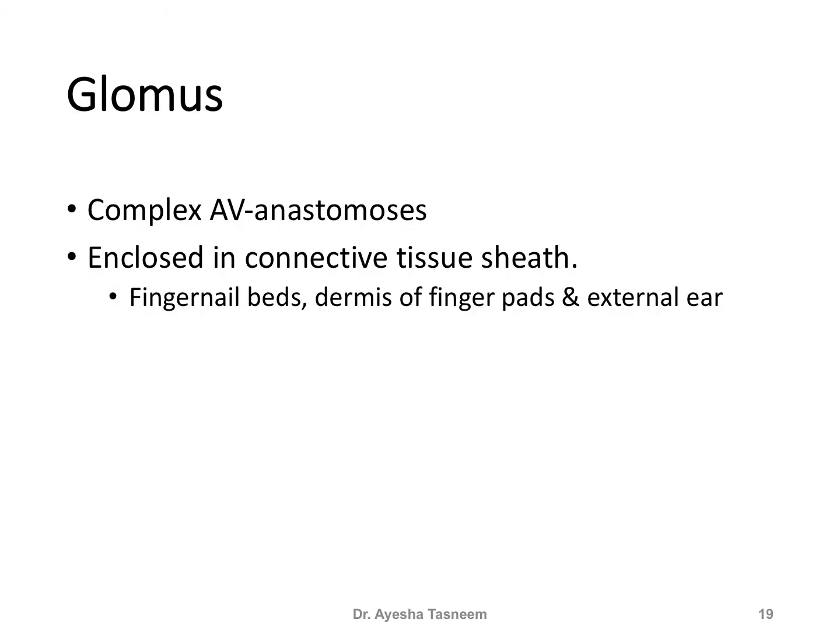Next, we come to the complex type of AV anastomosis that is known as the glomus. In this type of anastomosis, the anastomosis is enclosed in a connective tissue sheath.